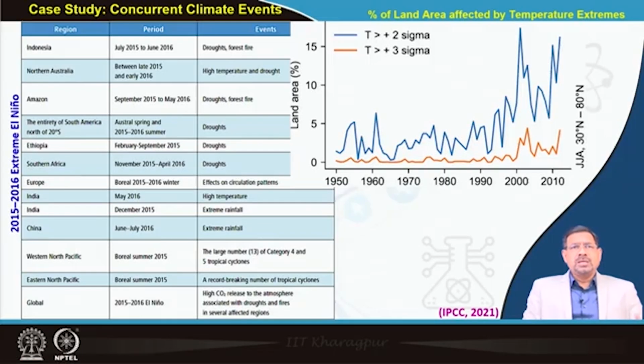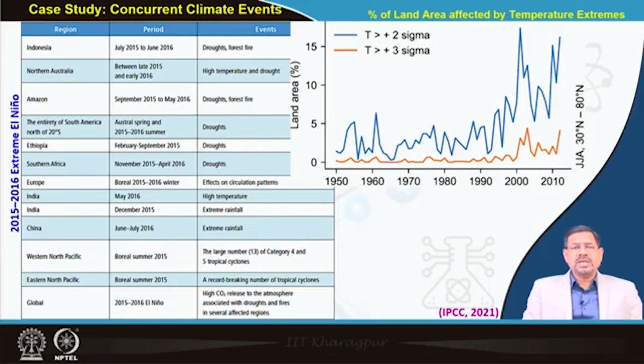As far as case studies and published material are concerned, in the lower left you can see concurrent climate events, showing extreme events, particularly one between 2015 and 2016 when an extreme El Nino condition was there.